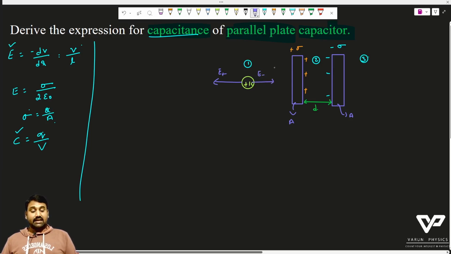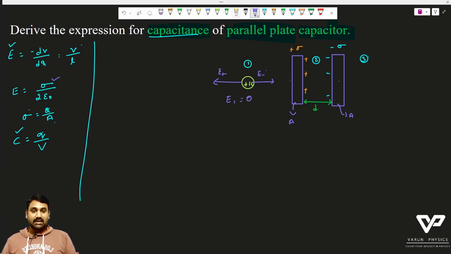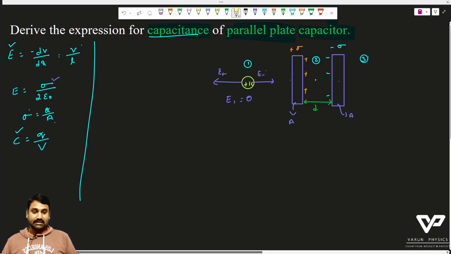The electric field due to a charged plate is independent of the distance. At any point, both electric fields have the same magnitude because sigma is the same in magnitude, but they are opposite in direction. Therefore, the net electric field in region 1 is equal to 0. Similarly, between the two plates it is attracted towards one plate, E minus, and repelled in this direction, E plus.